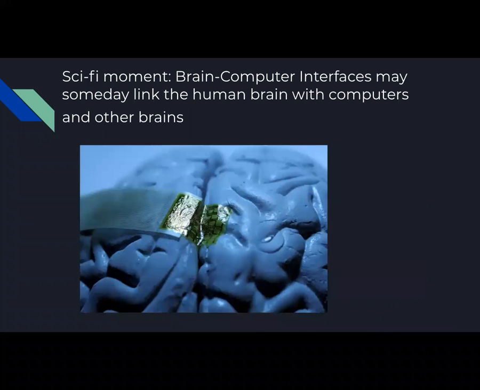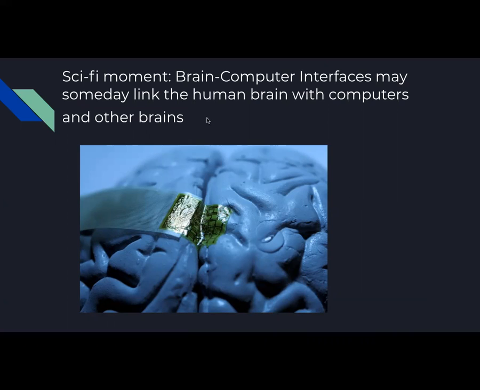And now that we've dived a little bit into the brain and we kind of know the structure and some of the neural circuitry principles, perhaps someday we can engineer interfaces that may link the human brain with computers or other brains.